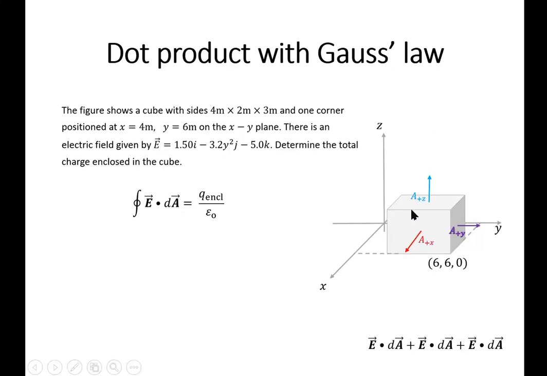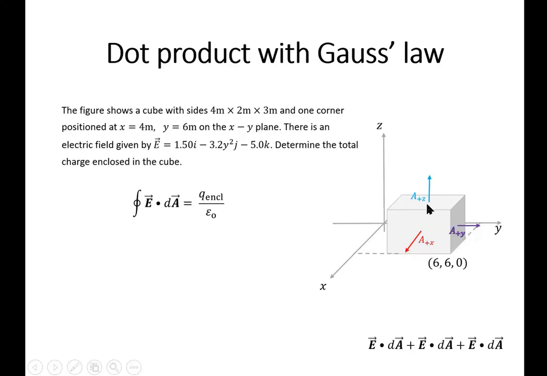So we have the surface to be divided into smaller surface areas, and this is a box. It is more convenient dividing it into 6 different flat surface areas, and the areas I've labeled as a plus x. That means the area vector which is protruding out of this surface facing you is a plus x, that is, it is in the x direction.